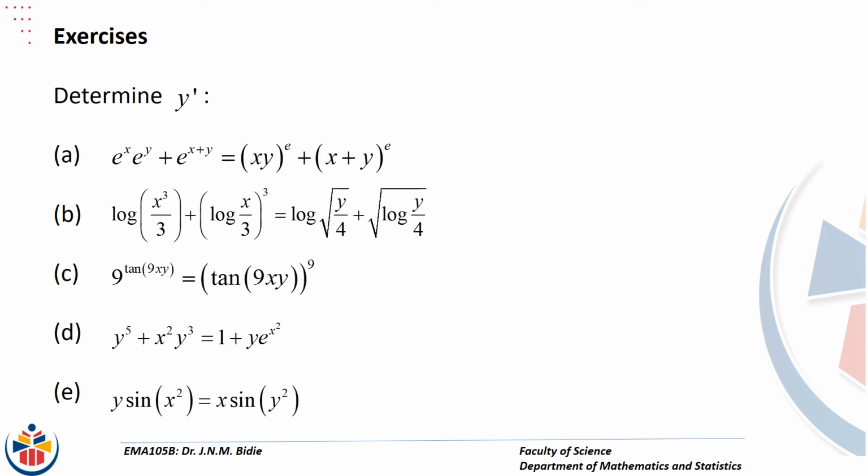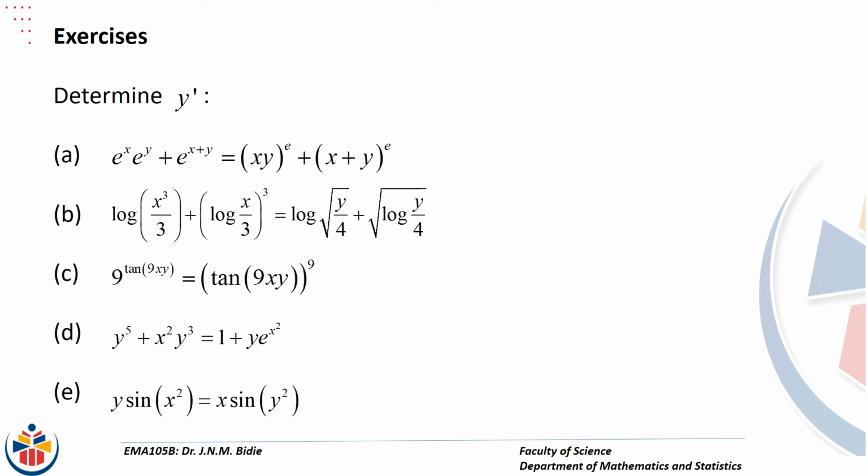Here are some exercises. Once again, you're asked to find y prime. Now we've included the derivative of log and the derivative of a to the power x.